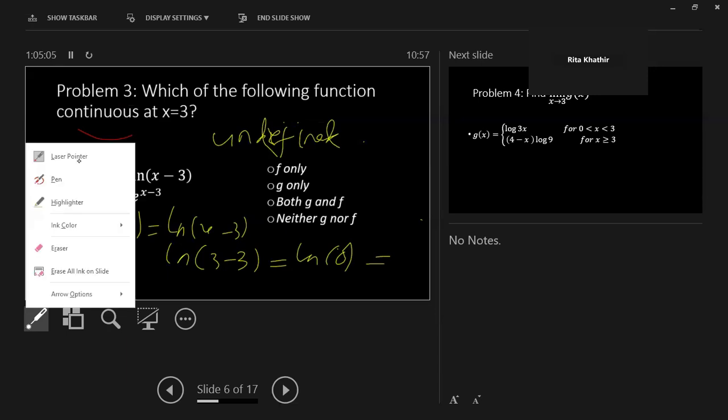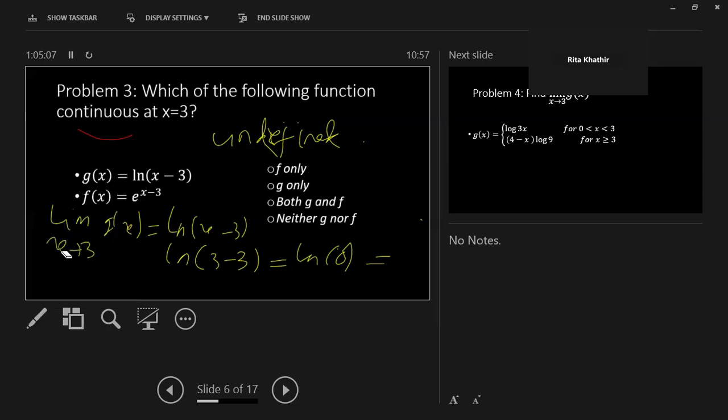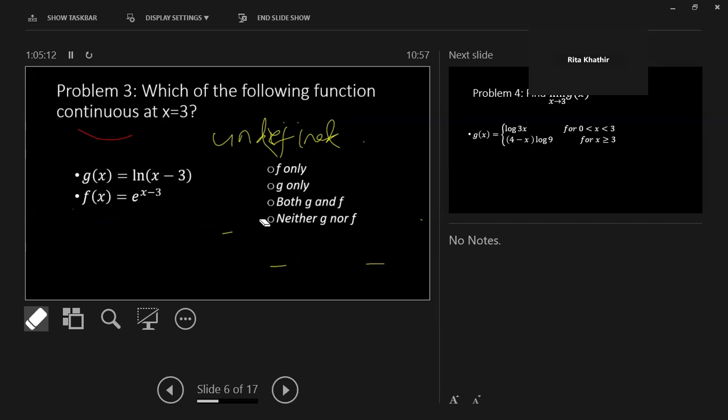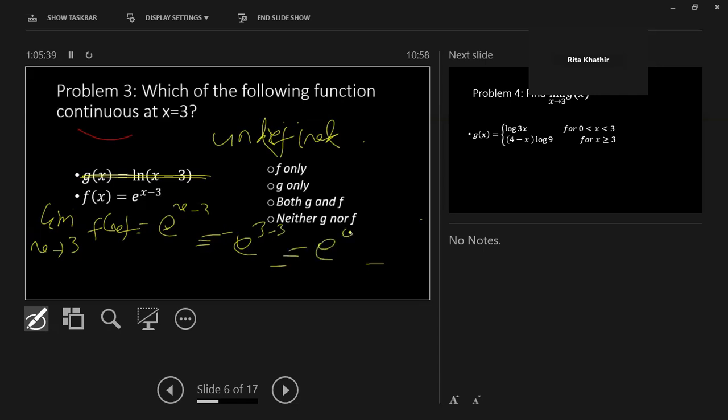Let's look at the function f of x. Limit as x approaches 3 of f(x), e to the power of x minus 3, then e to the power of 3 minus 3, e to the power 0.